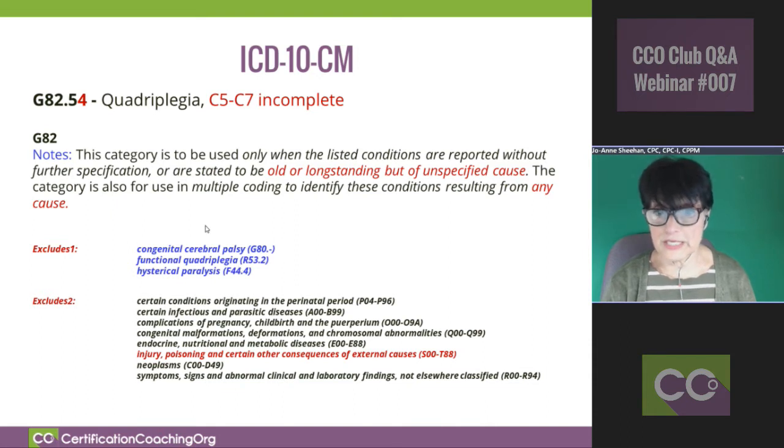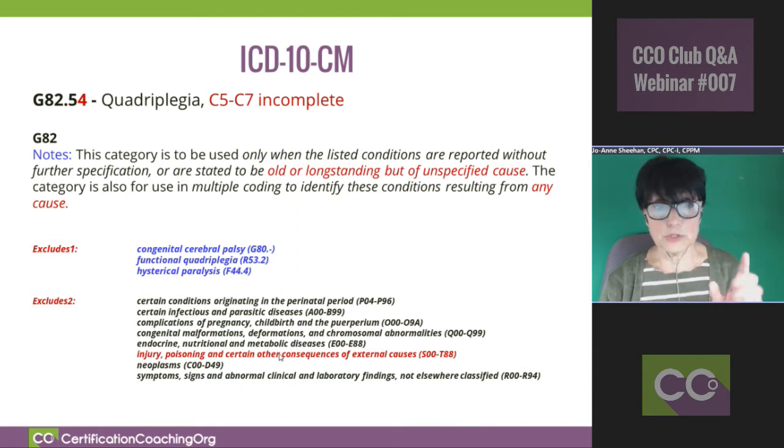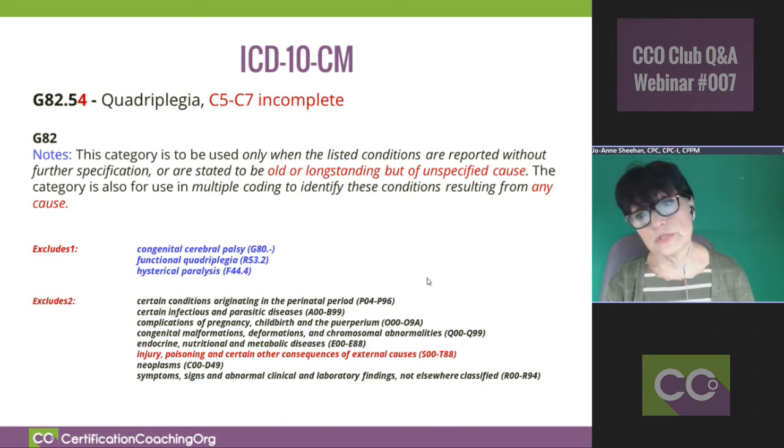So you would use this and you would use this because two or more codes can be billed together at the same time. Just when we move forward, pay attention to how the documentation guidelines are in your ICD-10 manual. They're wonderful. They take you by the hand and they really tell you the sequence.